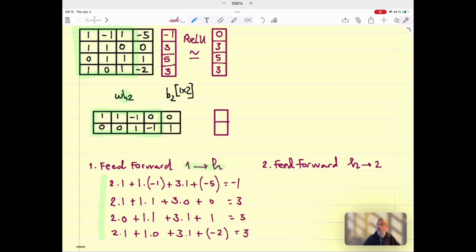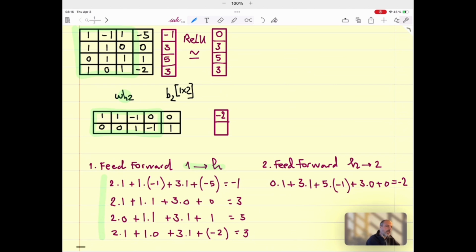All right, what do we do? We multiply 0 times 1 plus 3 times 1 plus 5 times minus 1 plus 3 times 0 plus 0, equal minus 2. We plug that minus 2 here.